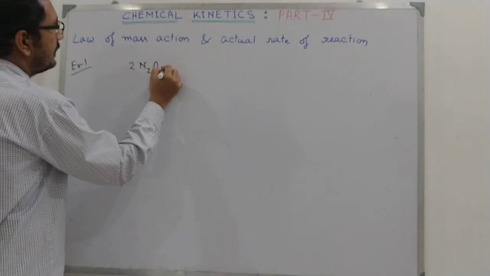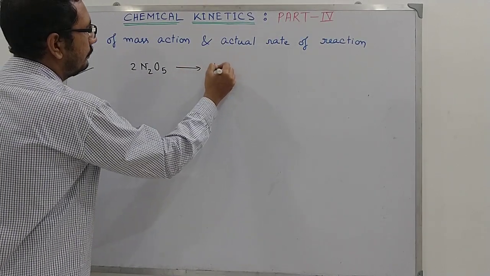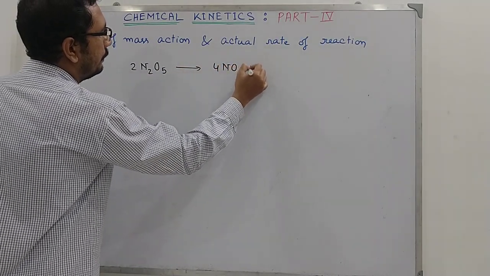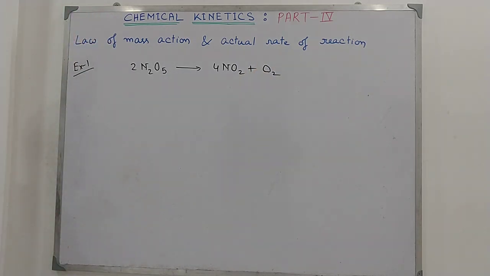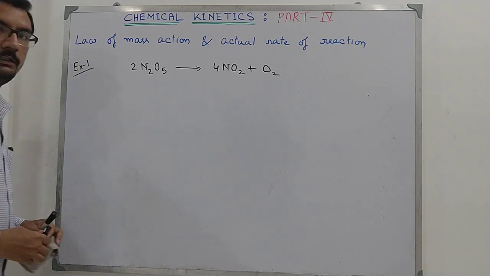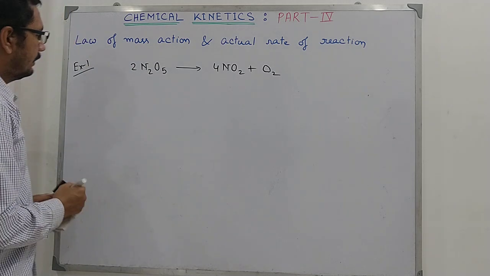The balanced reaction is given by 2N2O5 arrow 4NO2 plus O2. Now as per the suggestion of the law of mass action, what will be the rate of reaction?